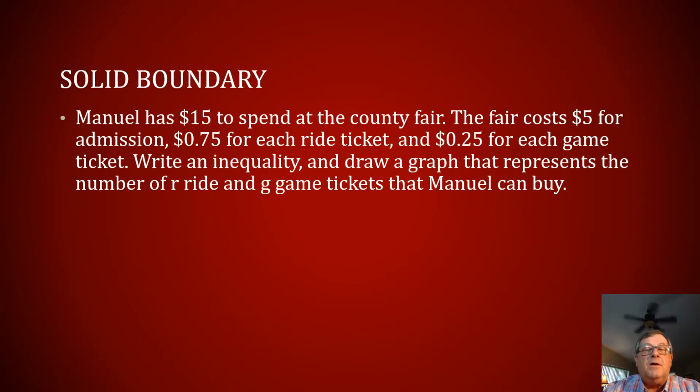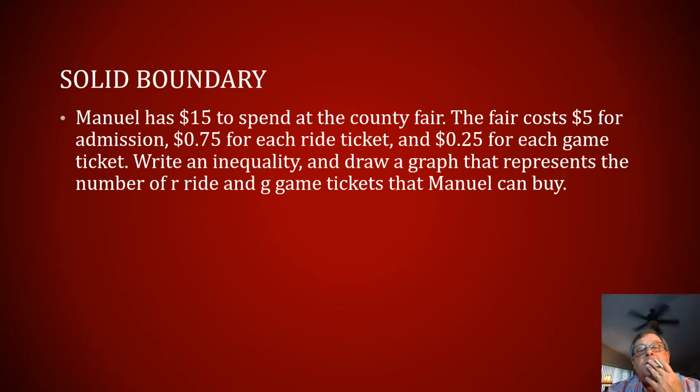Not very expensive. Write an inequality and draw a graph that represents the number of ride tickets, using R, and game tickets, using G as the variable, that Manuel can buy.